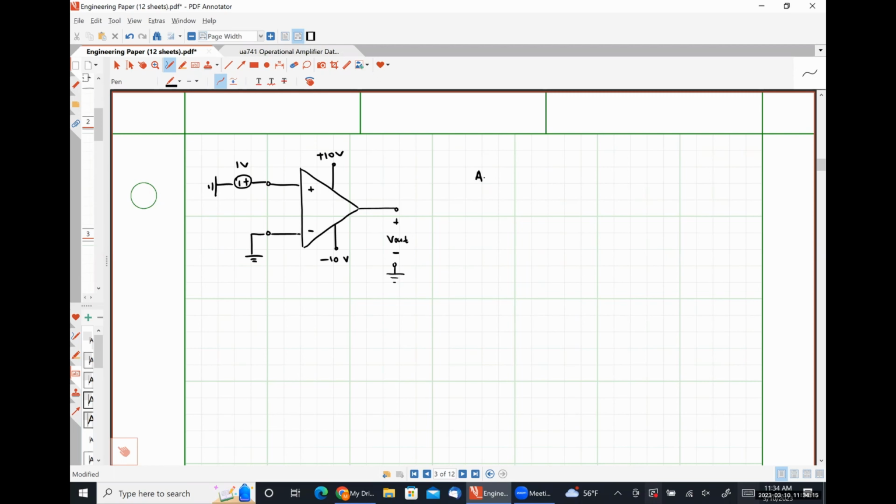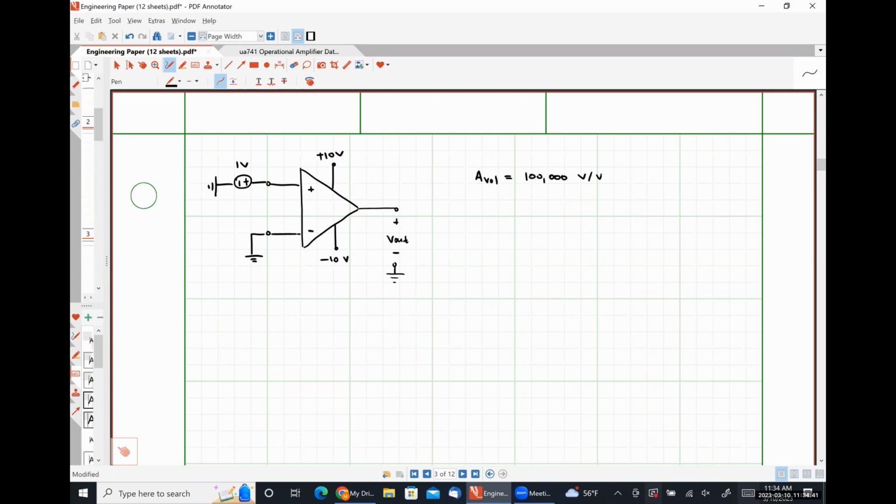And just for the sake of argument, let's specify our open loop voltage gain. So let's say that it's 100,000 volts per volt, which you may think, gosh, that is huge. That's actually pretty poor for a commercial op-amp. It's not uncommon for them to be several hundred thousands, if not millions, of voltage gain.